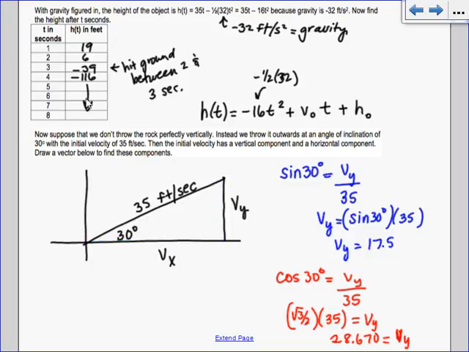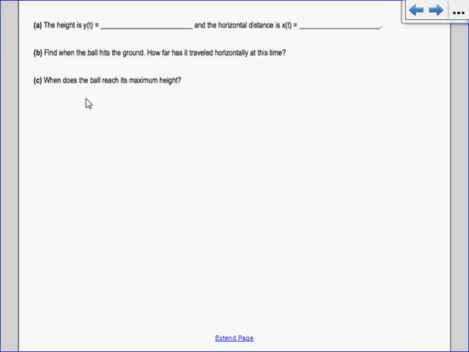Okay, so then the next little bit says the height, y of t, ends up involving gravity because, you know, as you throw up, it's going to come down, right? So it involves gravity and it involves that vertical component of our velocity.